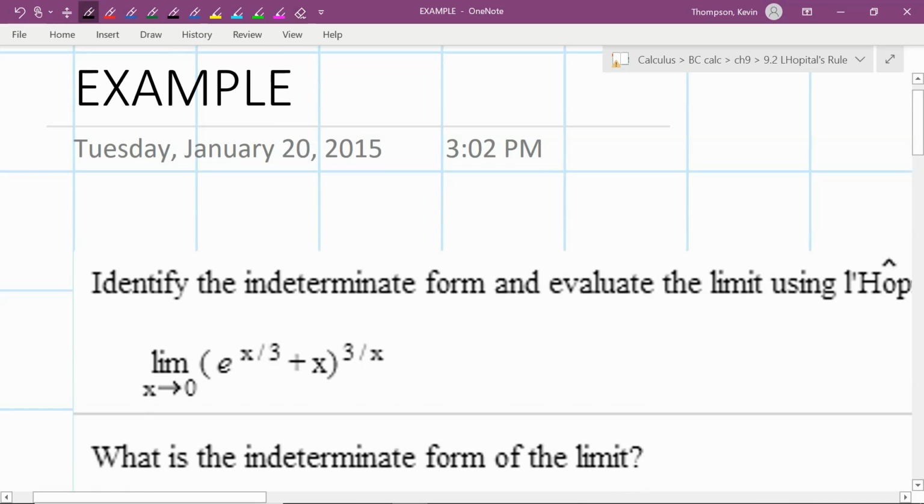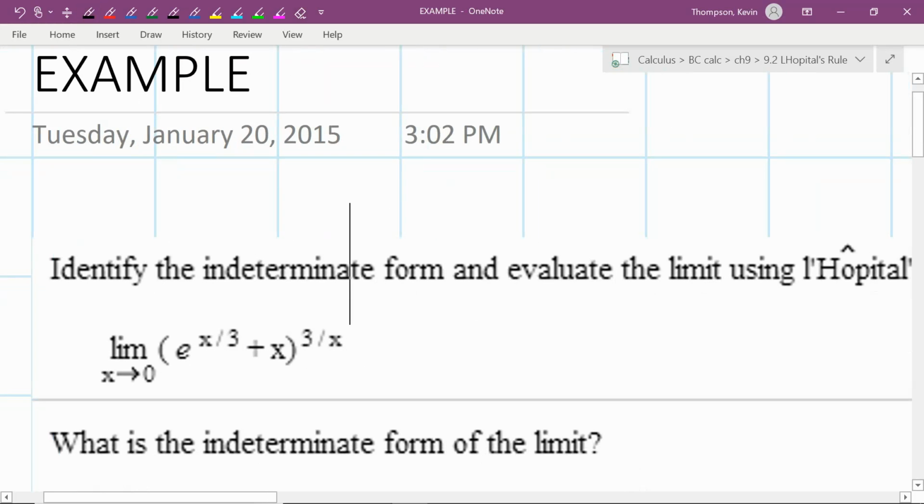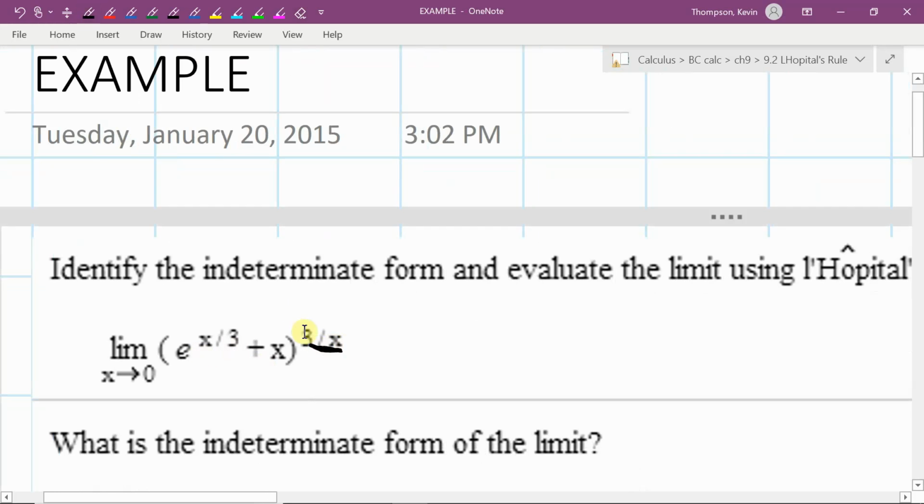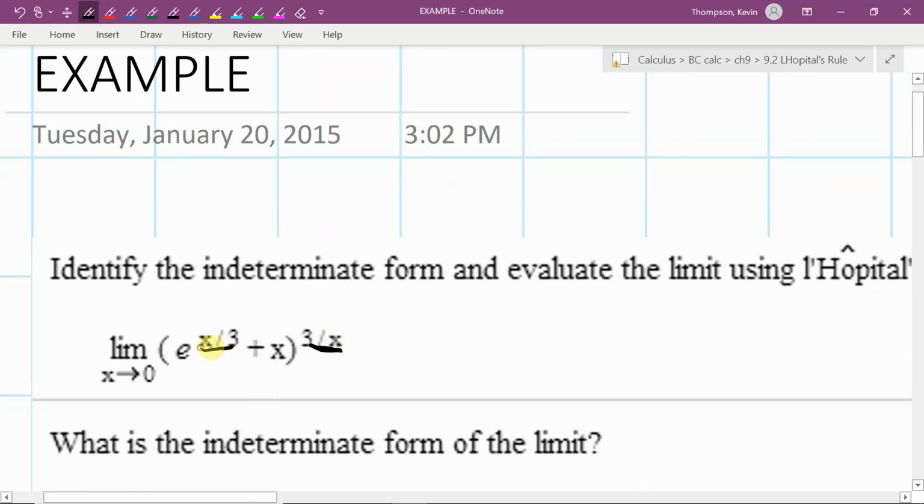So in this problem, the suggestion is that we're always going to be stuck if we keep this exponential kind of form to it. Now this isn't really an exponential because this is also a variable. So what I want to do is say y equals e to the x over 3 plus x to the 3 over x.